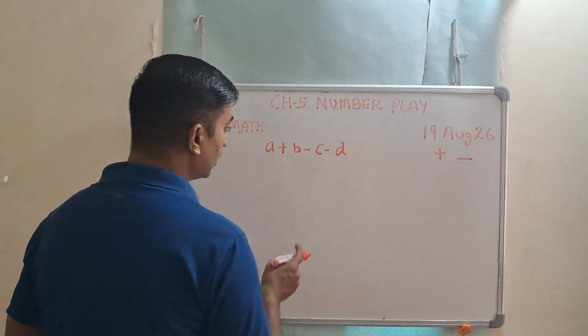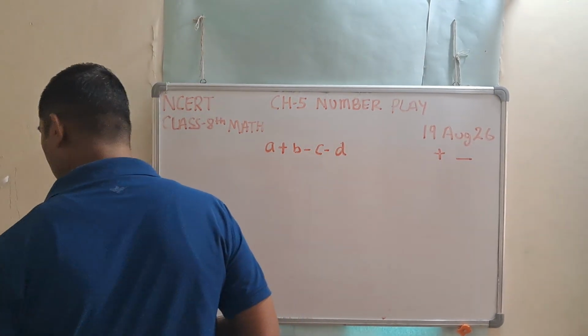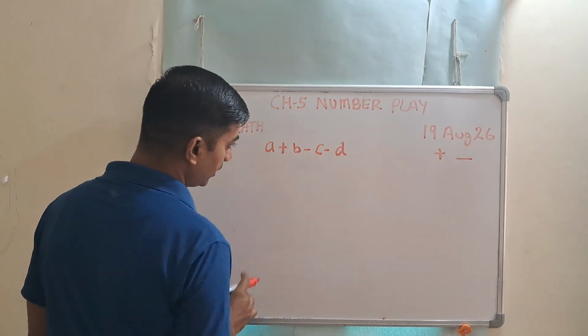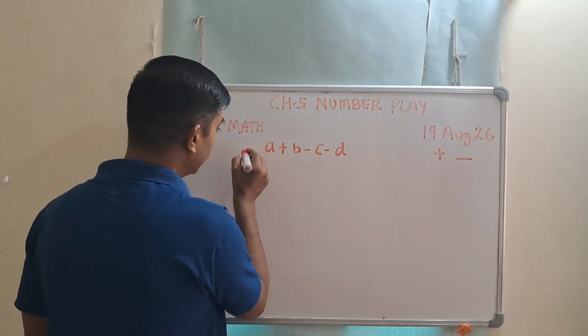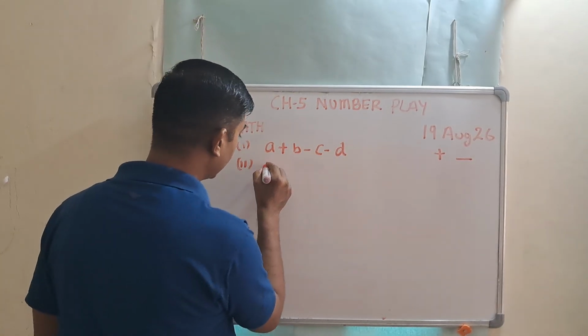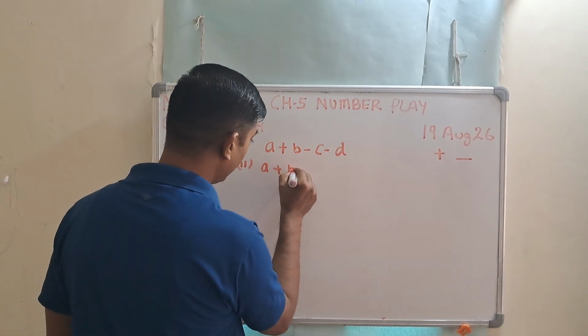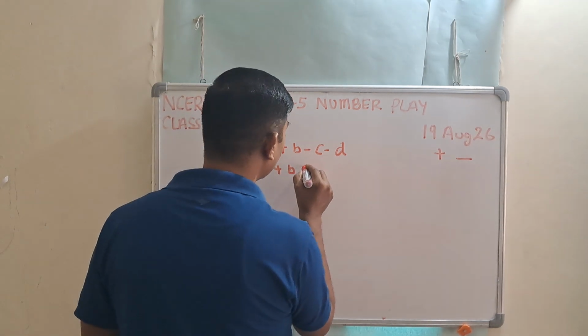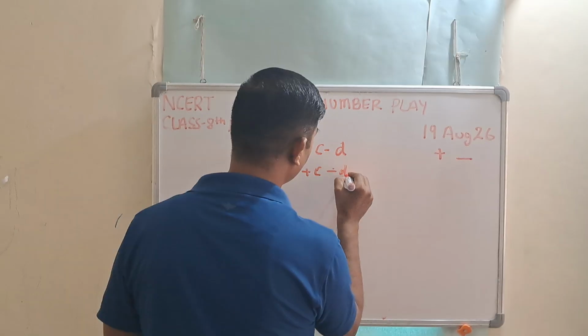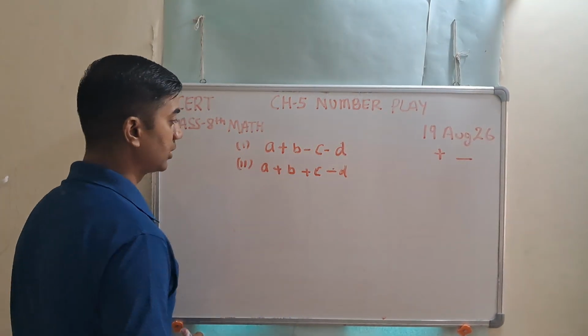Suppose we change one operation. This is one number, and the second number is obtained by changing one operation: A plus B plus C minus D. Understood? This is our other number.